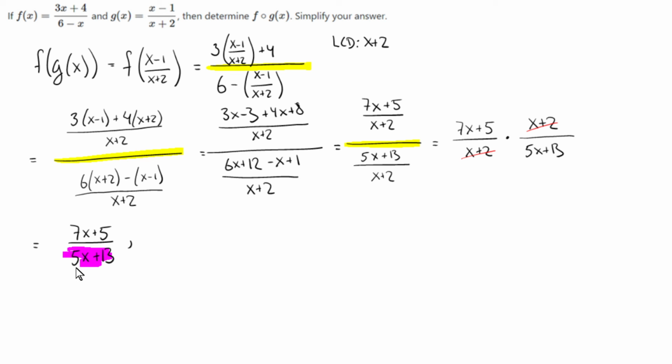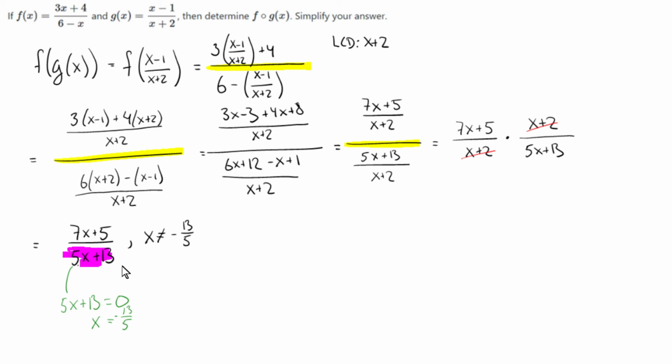If we set 5x plus 13 equal to 0, that's going to happen when x equals negative 13 over 5. So x cannot equal negative 13 over 5, because we'll end up with a 0 in the denominator.